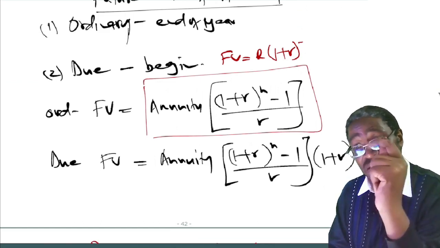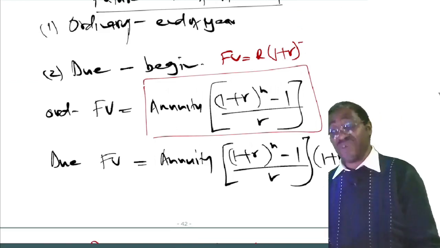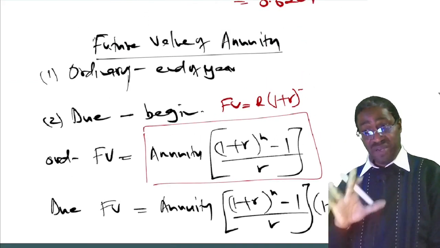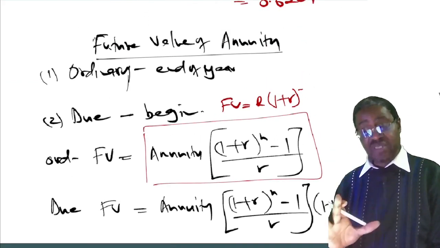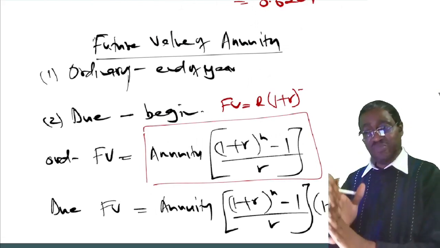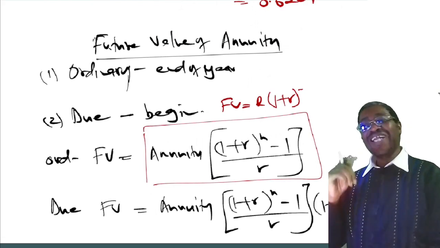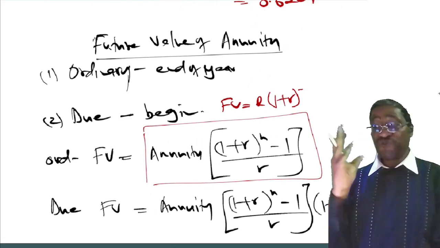Let me review. You are investing 1 million at the end of each year for 4 years.